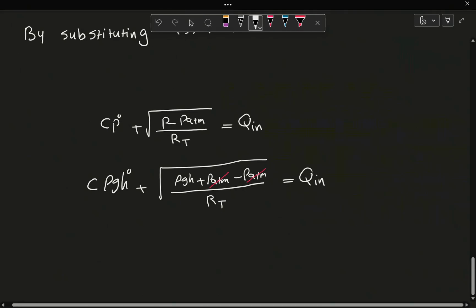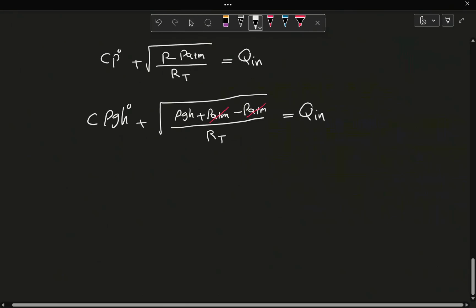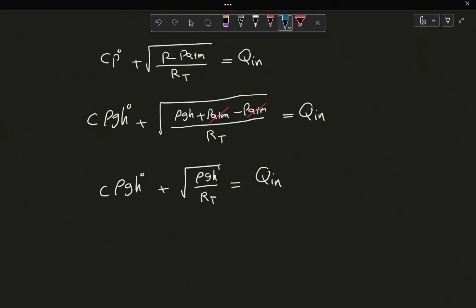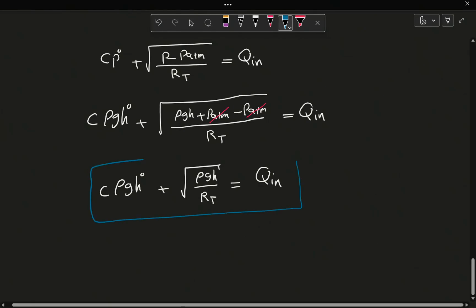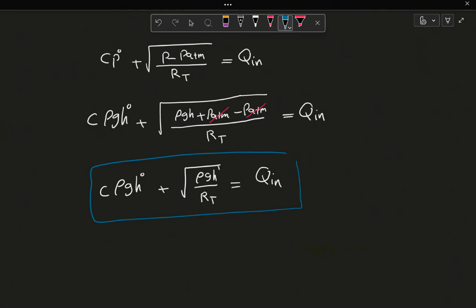You will end up with C rho GH dot plus the square root of rho GH over RT, equals to Qn. And this is your dynamics if you want to model everything in terms of the height of the fluid in the tank, and also assuming that the flow across the valve is turbulent, not laminar.